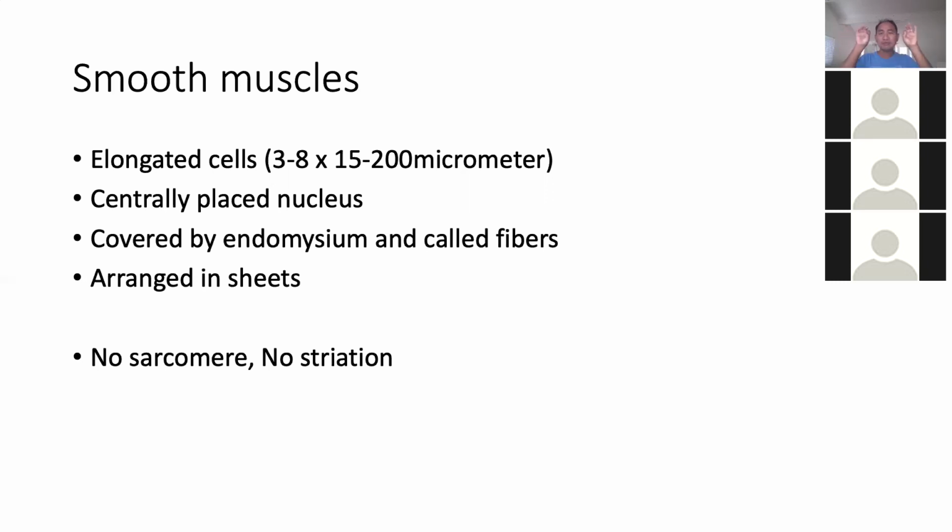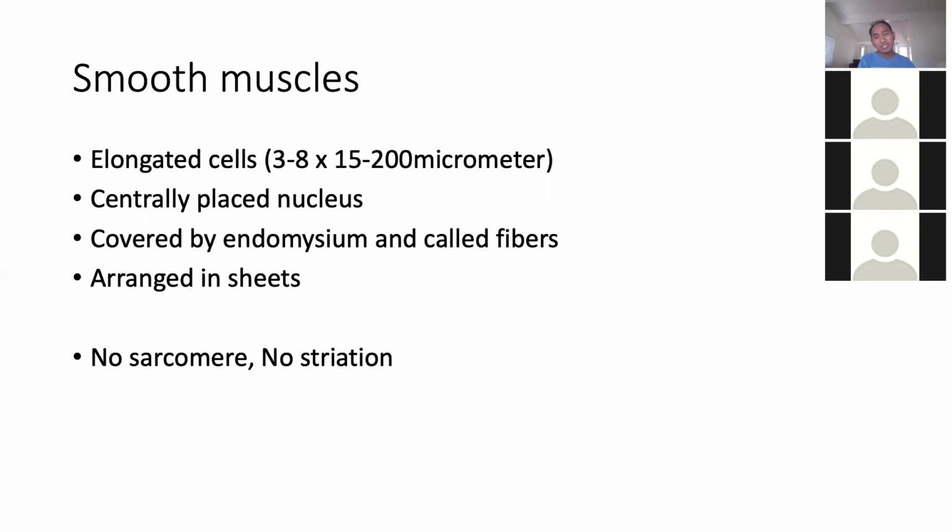These are the connective tissue sheets which cover the skeletal muscle cells, skeletal muscle fibers, and the big skeletal muscle organ itself. The same thing, they are also covered with the endomysium. And the smooth muscle cells are called smooth muscle fibers. It is the same, don't get confused.